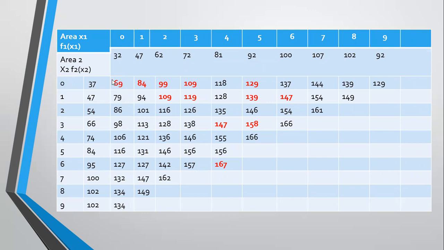How? 37 plus 32. Likewise, do the same operation up to the last column. So 37 plus 47. Likewise, 37 plus 62. Fill up these values in the corresponding row.